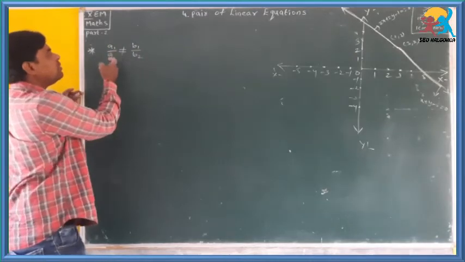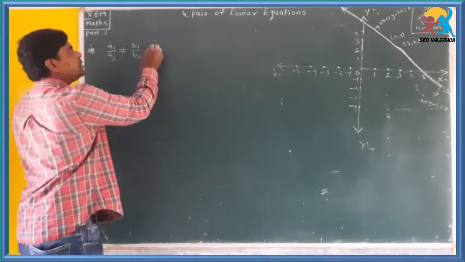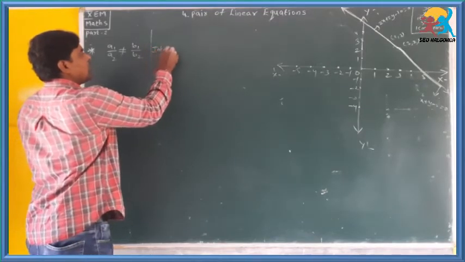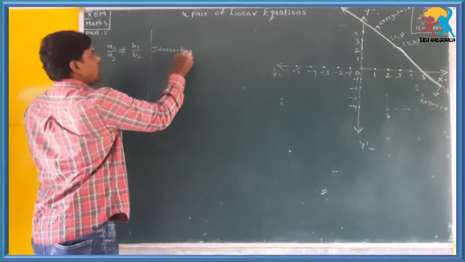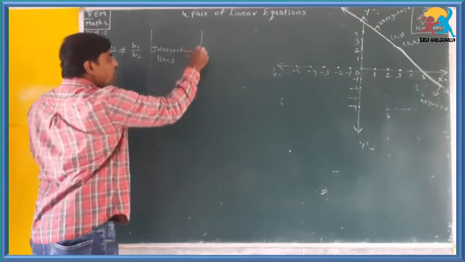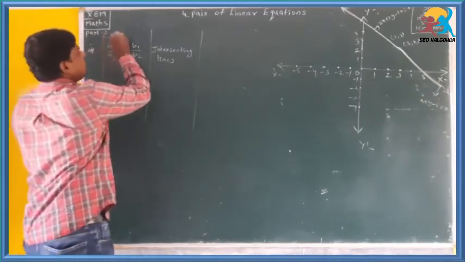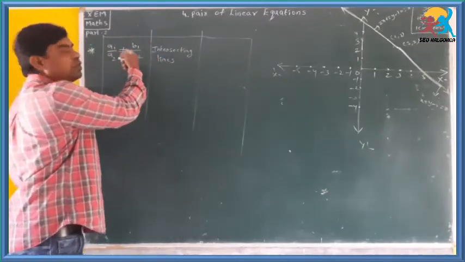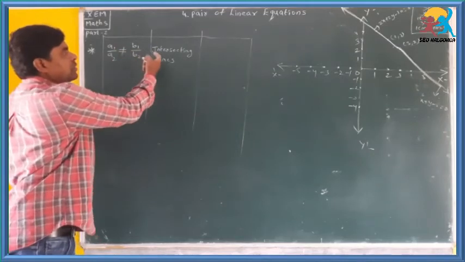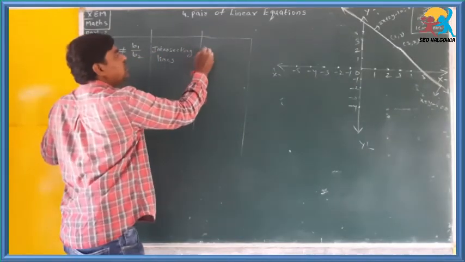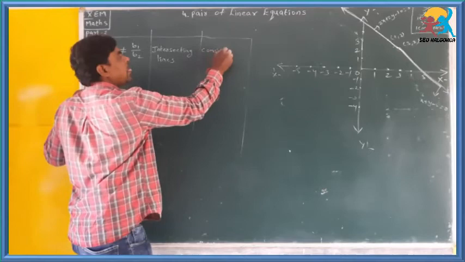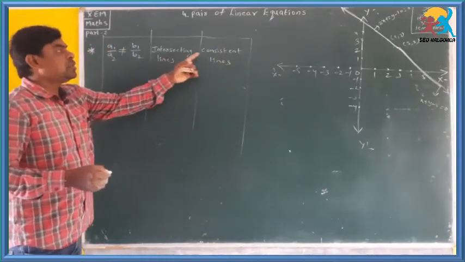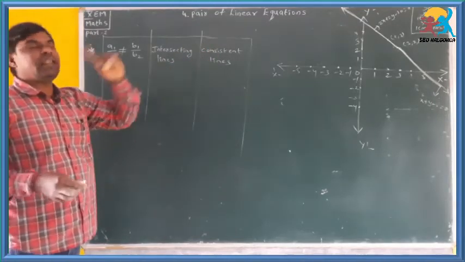So if a1 by a2 is not equal to b1 by b2, then the two lines are intersecting. And we have one more quality: when a1 by a2 is not equal to b1 by b2, then the two lines are called consistent lines. If this condition occurs, then we can say that two lines are consistent lines.